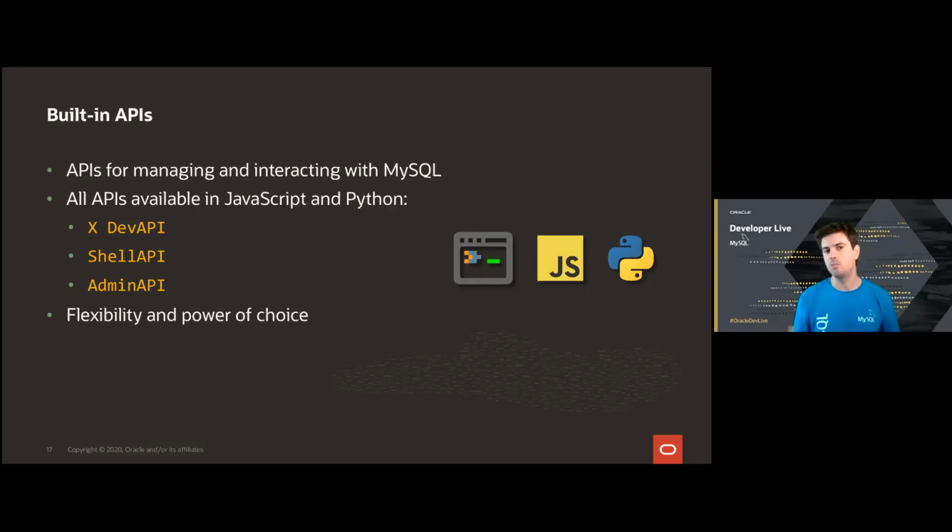But we implemented a runtime which allows us to expose those functionalities at the same time to Python and JavaScript, and it handles everything, type conversion and so on. So this gives you the flexibility and power of choice. You can pick if you prefer Python or JavaScript to use the utilities, or to write scripts for the MySQL Shell using the APIs.